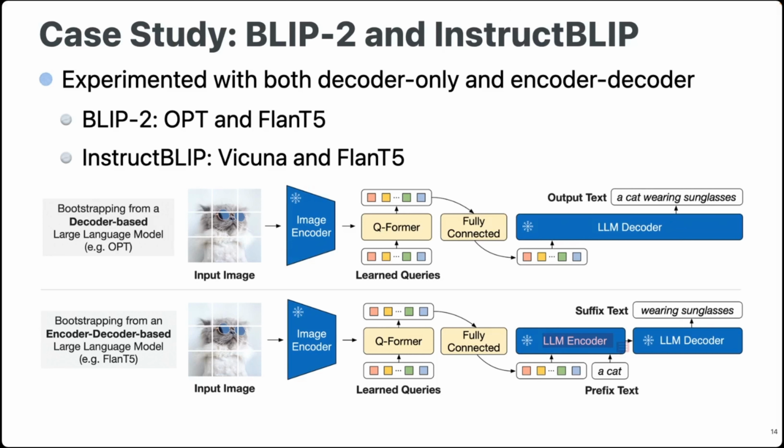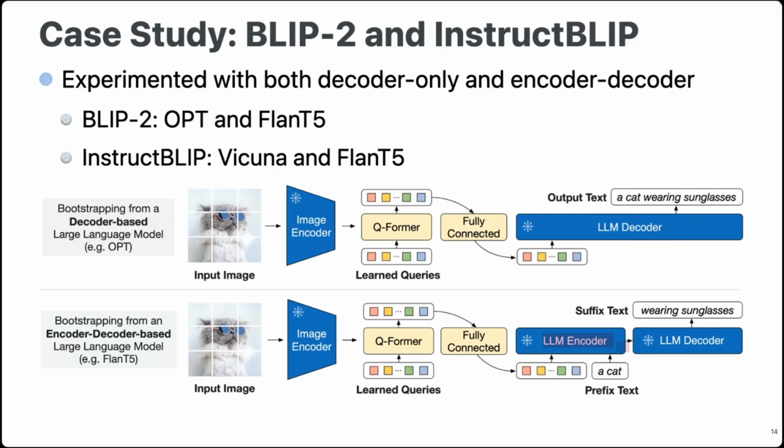If you can recall, these queries are akin to those latent representations we talked about in Perceiver. After feeding those queries, they will be learned and ideally extract some information from the image and feed it to the decoder. In this case, the OPT model is the top one, and the Flan-T5 is the bottom.